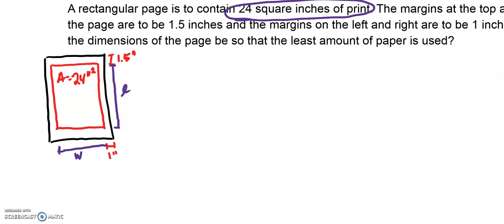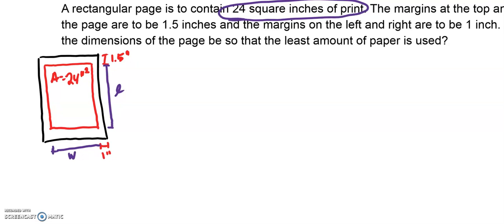Let's come up with some equations. So first of all, you have the area of the red, right? We know that that's 24. The area of the red, we know that it's 24, and it's going to be length times width. Okay?